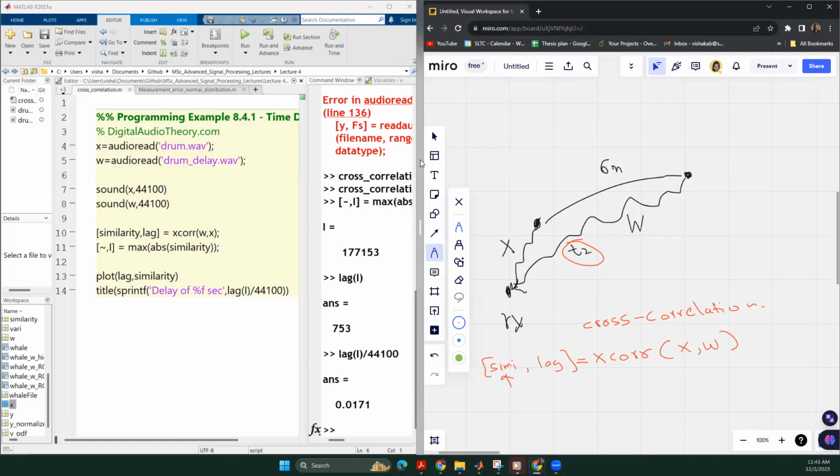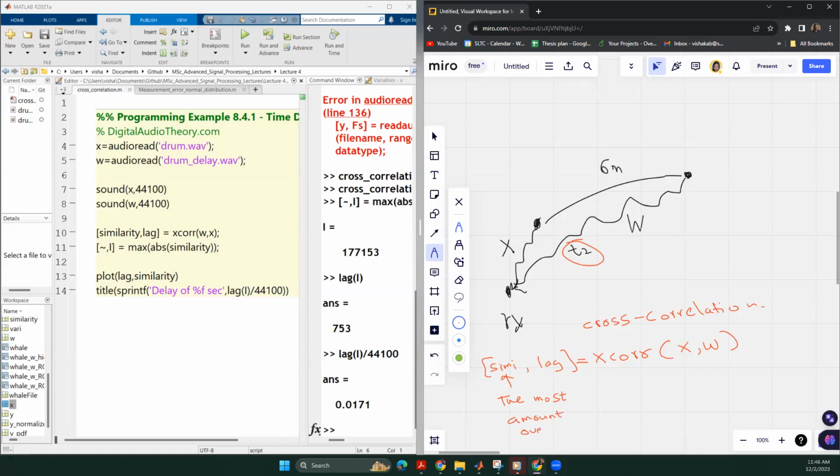So this similarity index will show how similar these two signals are, right? So in order for us to find the place where the similarity is the highest, we need to use this similarity index, right? To find the place where the most amount of overlap happens.